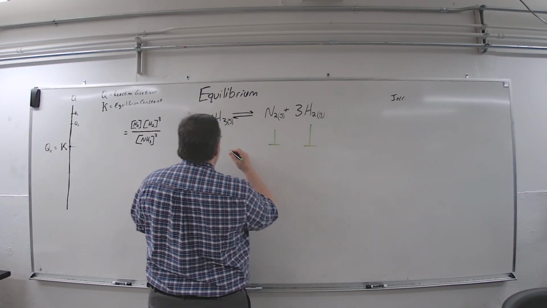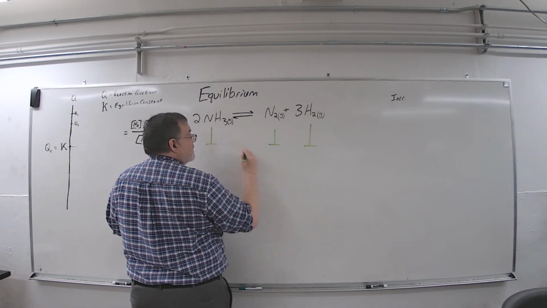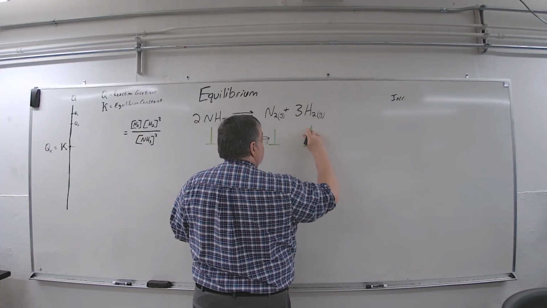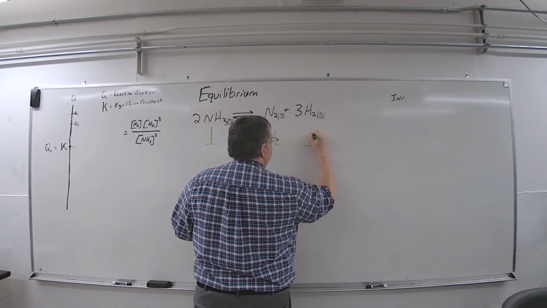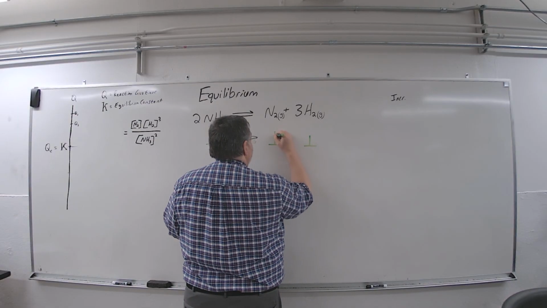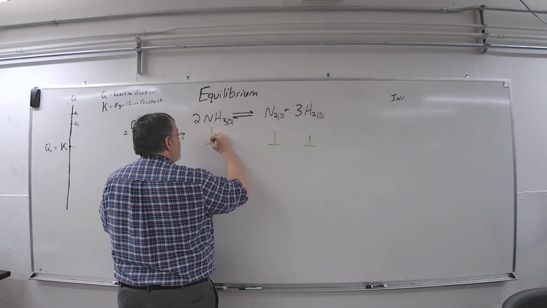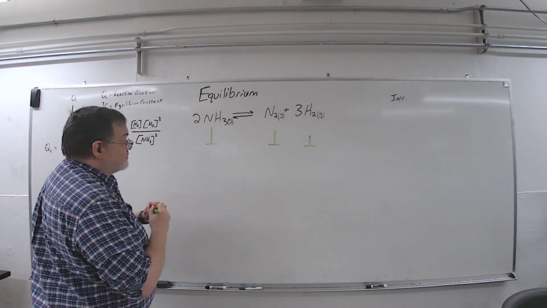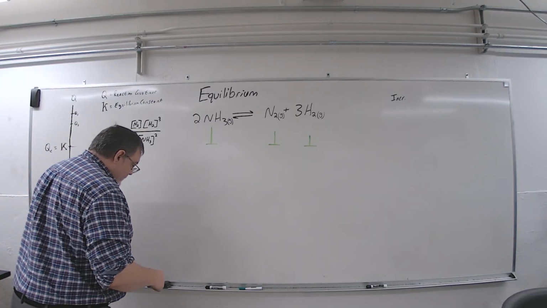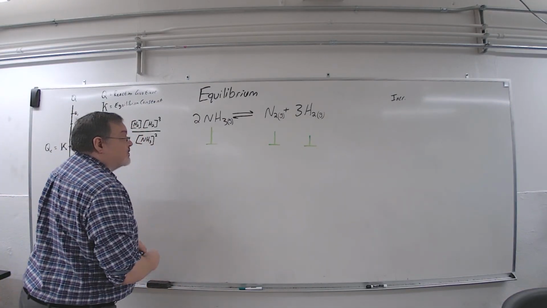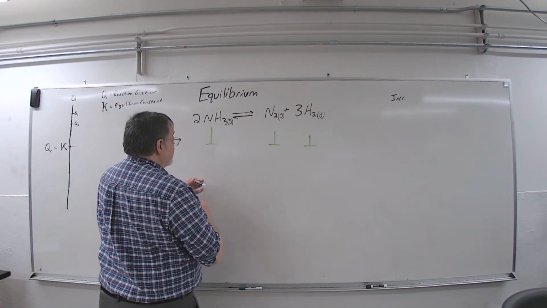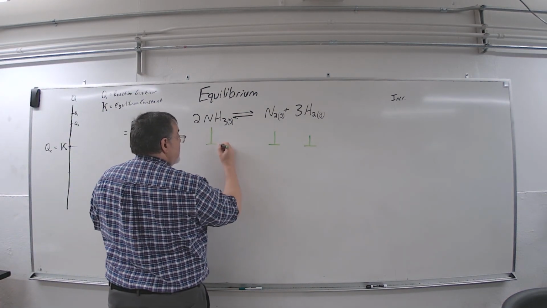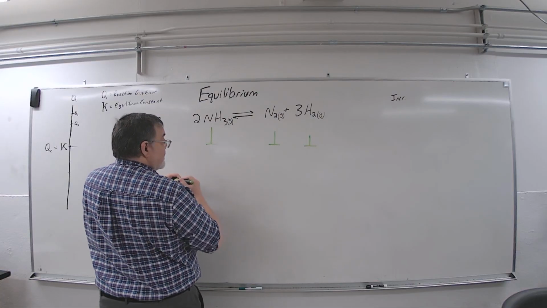Let's say that's our starting point. Now the black will represent removing some. So that's our initial amount. And what I do is I remove.